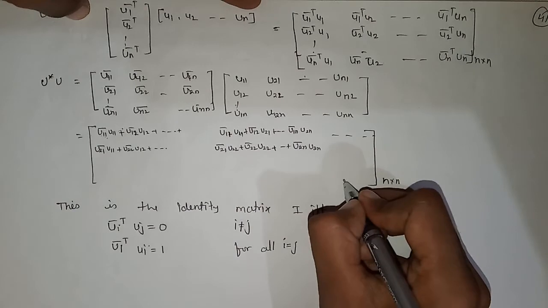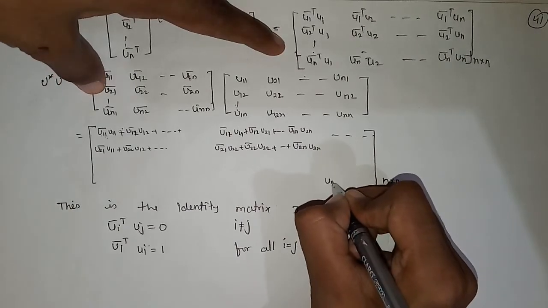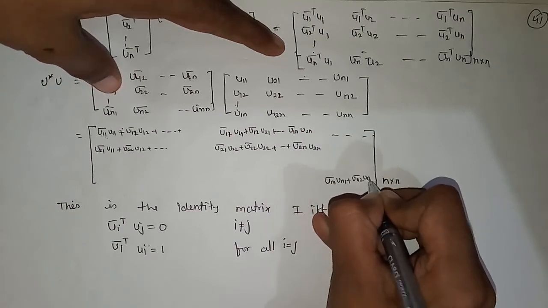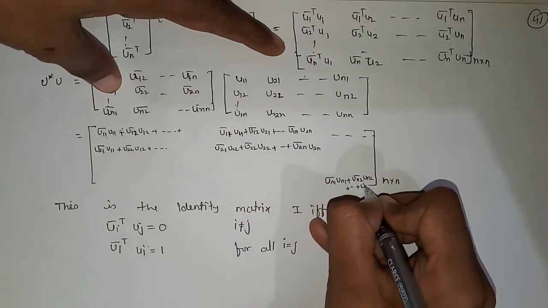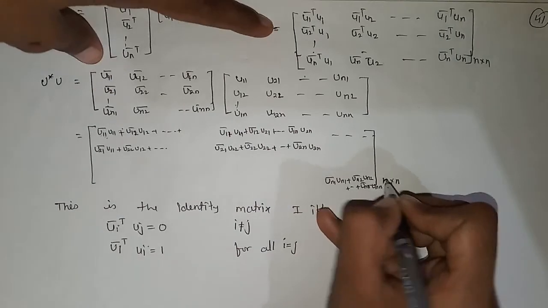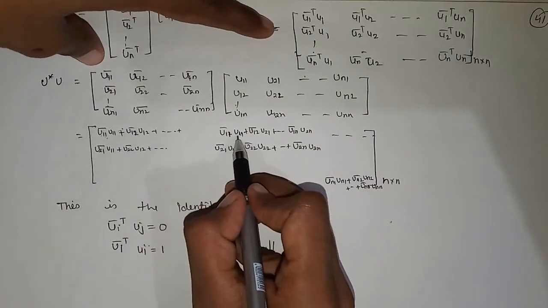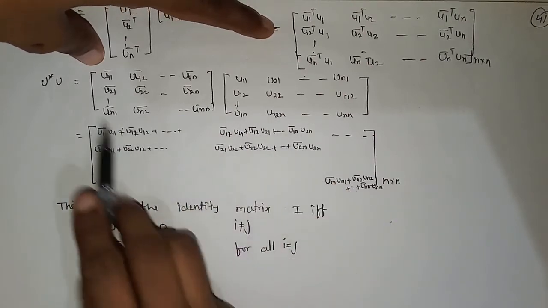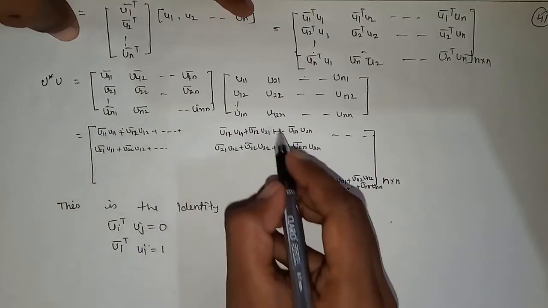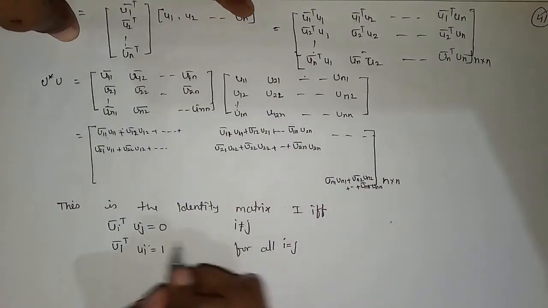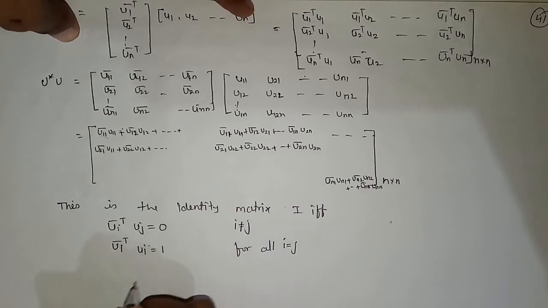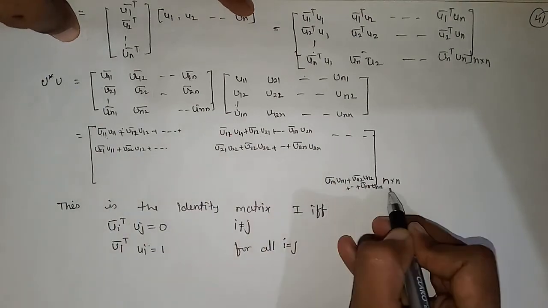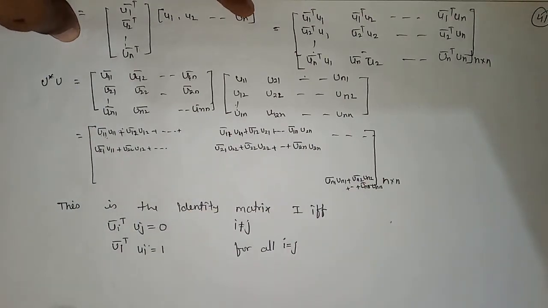If I write the last term, this becomes un1 bar un1 plus un2 bar un2 plus plus unn bar unn. So here u11 and u21 are not equal, so this entire term becomes 0, because if we want to prove this as the identity matrix, then this will be 0. But when will it be 0? If we are saying that every row is orthogonal. So if this happens, then the diagonal elements will be 1, otherwise all elements will be 0.